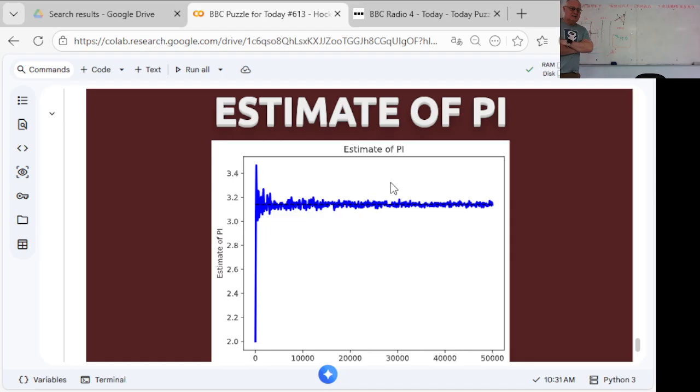And it's a nice exercise to showcase some of the capabilities of Python, NumPy, and Matplotlib, which are indeed quite powerful libraries.